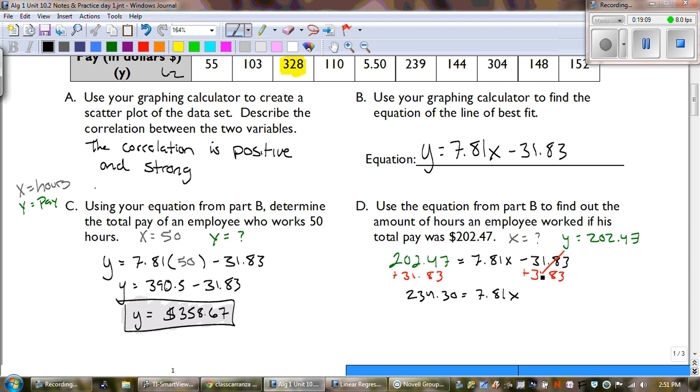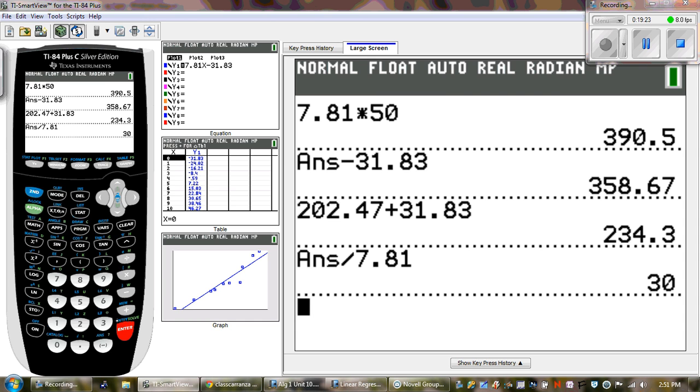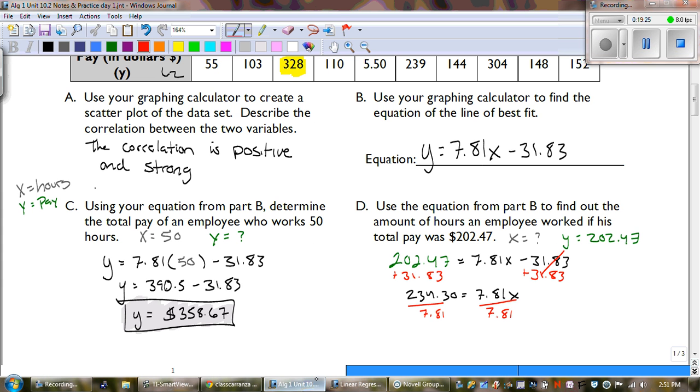And the last thing is to solve, so I'm going to divide both sides by 7.81. And when I divide my answer by 7.81, we get 30. So X is 30 hours.